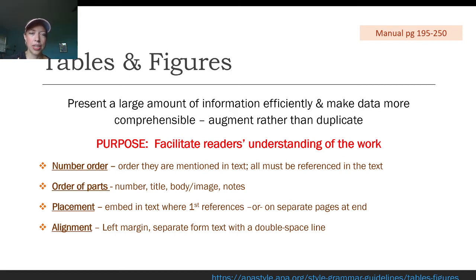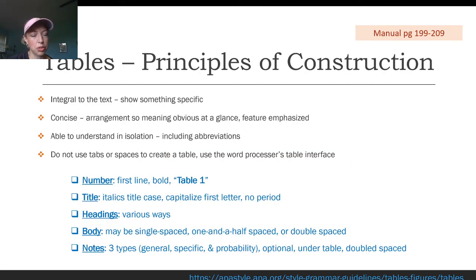Within a table or figure, we have the number, the title, the body, and the notes go underneath. New in the 7th edition, both of them have a number and a title at the top, and notes go underneath. It used to be tables were on top and figures were on bottom, but they've made it consistent now. Both tables and figures should be left aligned, not centered, and separated with double spaces, so it's double spaced like the bulk of the document.